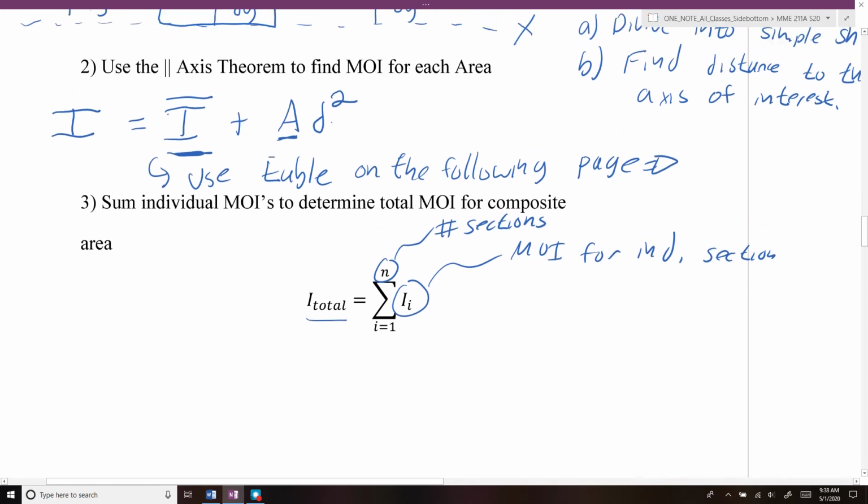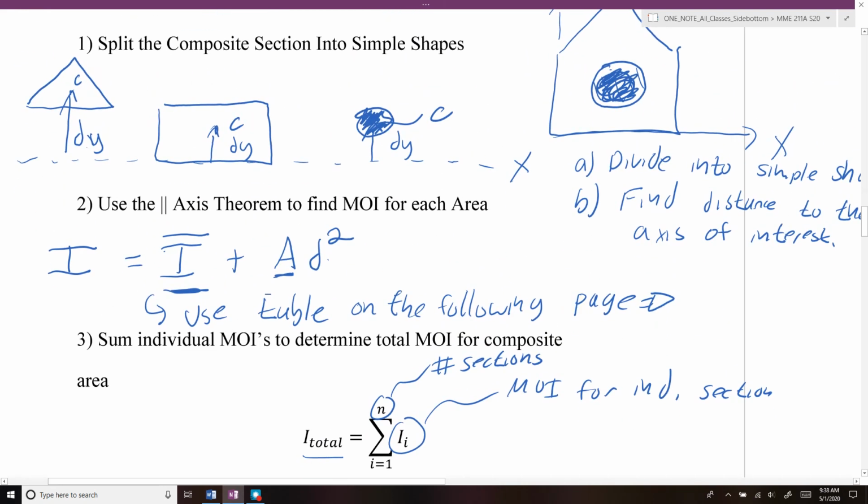If you have a hole like we have in our section here, we have to account for that by subtracting it instead of adding it to our moment of inertia.